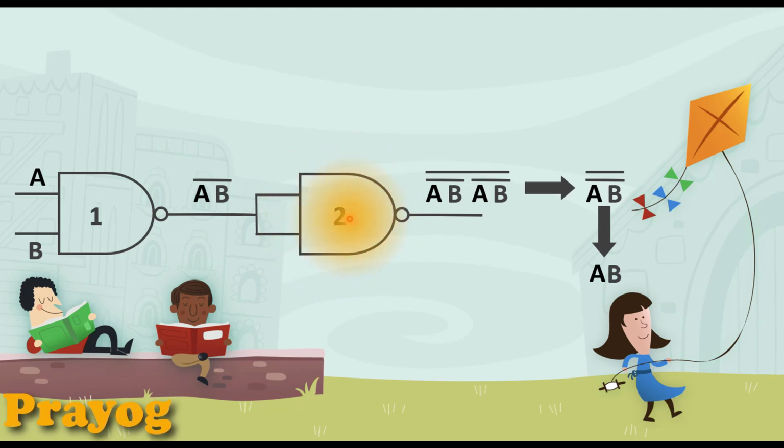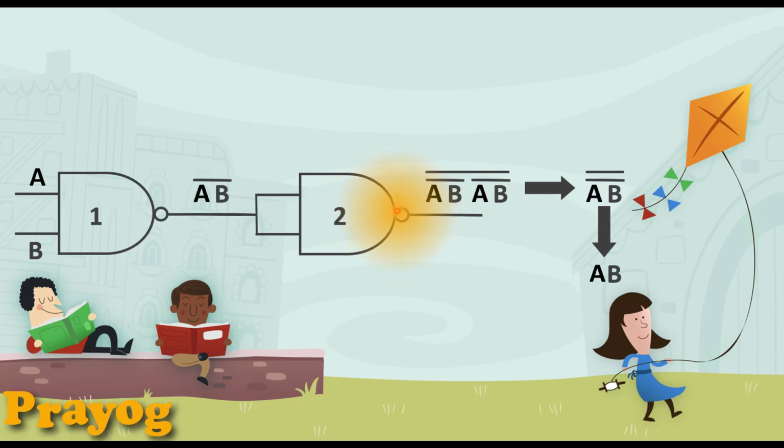In fact, it produces AB bar into AB bar because its inputs are being shorted, and this second complement is because of the second stage NAND gate.